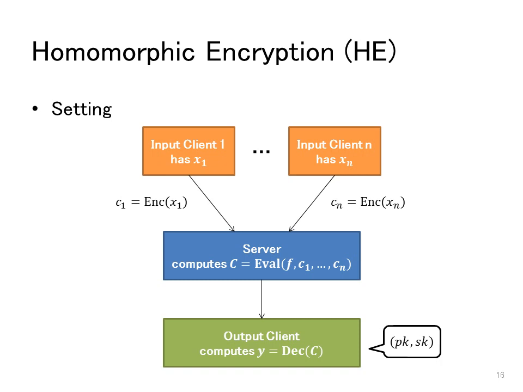After that, the server will homomorphically evaluate the ciphertext according to the desired function and send the result ciphertext to the output client. Since all inputs are encrypted, the server does not get any information about the inputs. And finally, the output client decrypts the ciphertext to see the result.